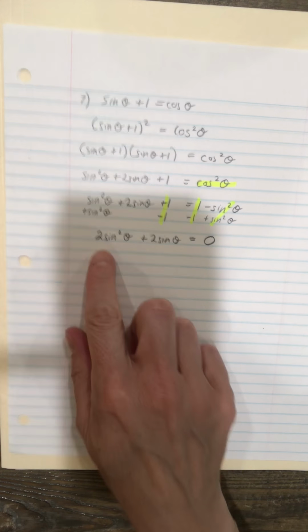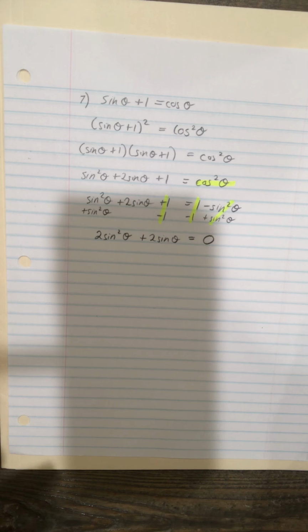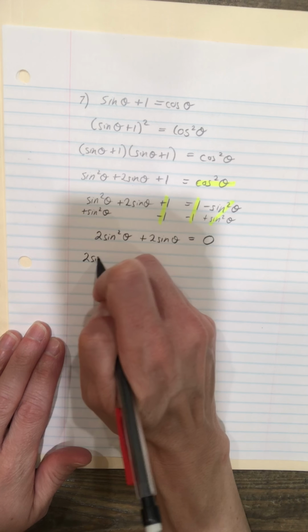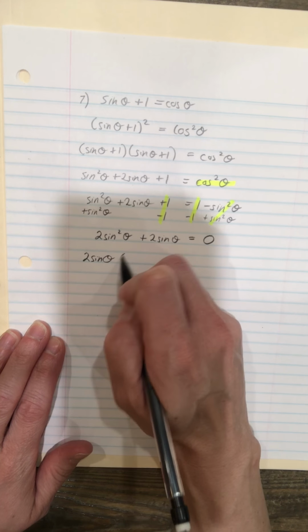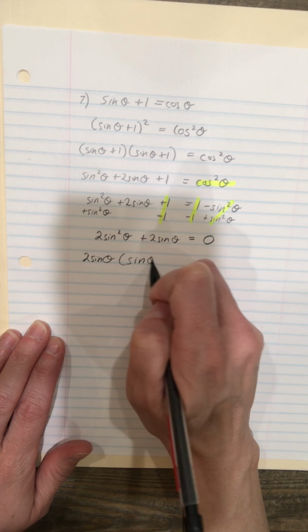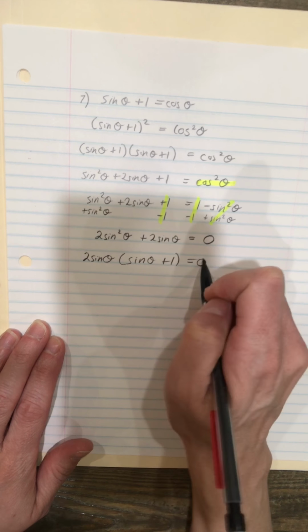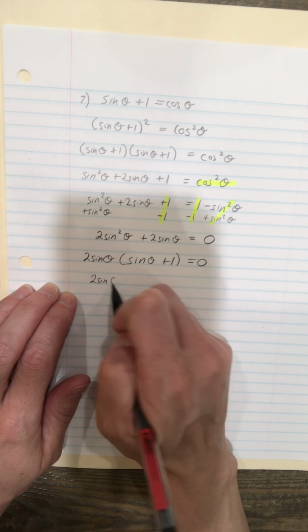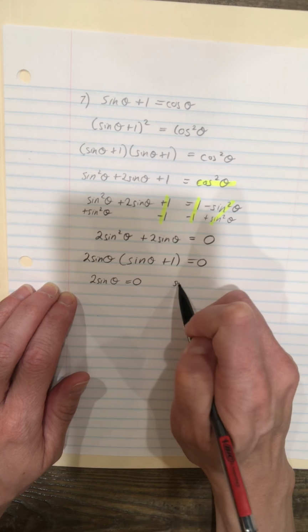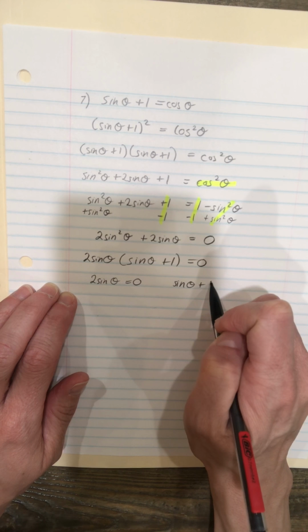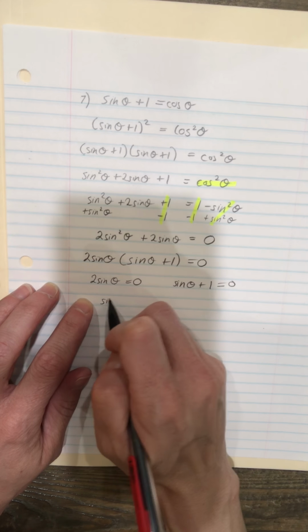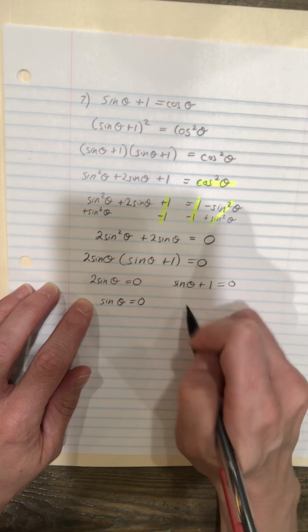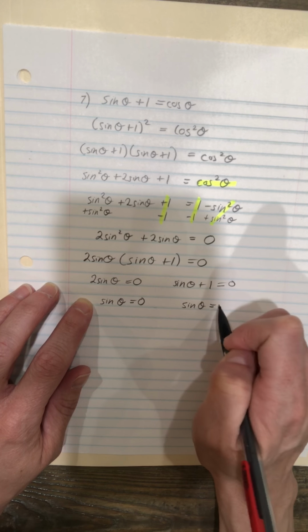Now I have two terms that have a GCF of 2 sine theta. So I can factor out that 2 sine theta, and I get sine theta plus 1 equals 0. Now I can use my zero product property. I can set both of them equivalent to 0 and solve. Here I get sine theta is equivalent to 0. Here I get sine theta is equivalent to negative 1.